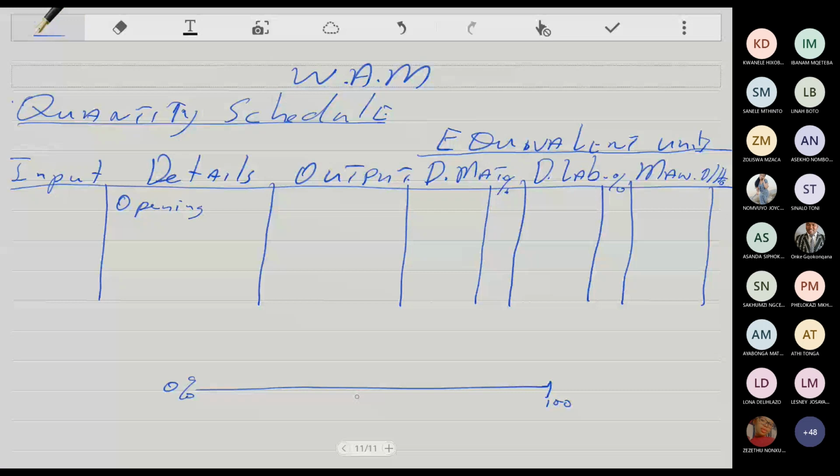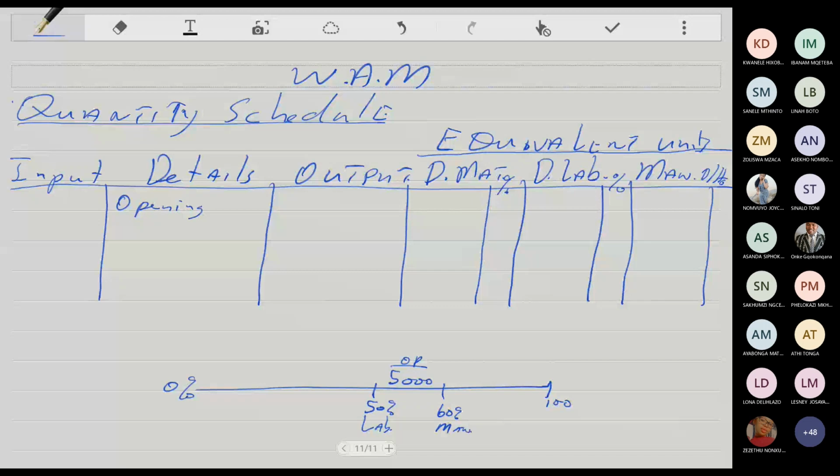So we could see that we've got 50% in your labor and 60% in overheads. So we've got this 5,000 as your opening. So that's your opening in terms of your labor, it's here. Manufacturing overheads, that's where it is.